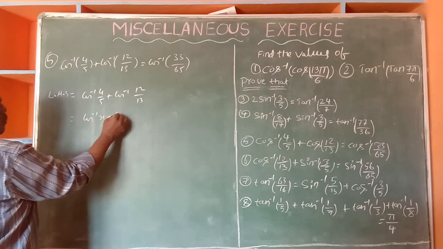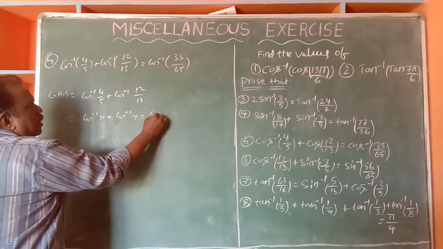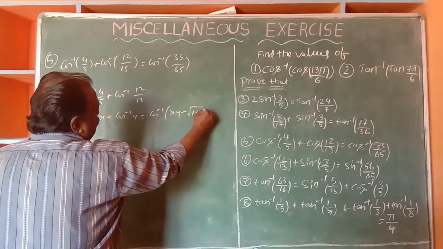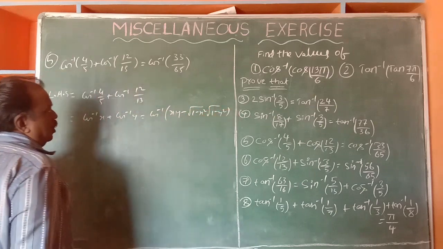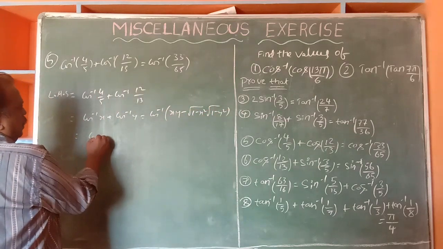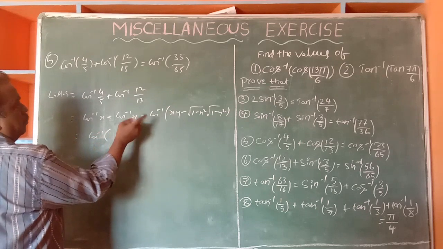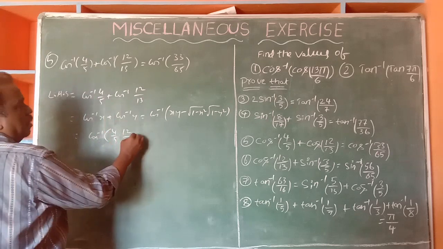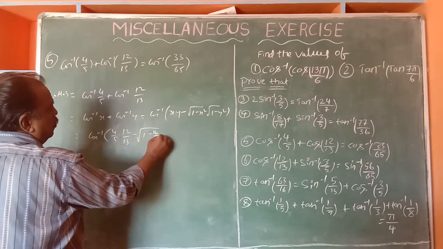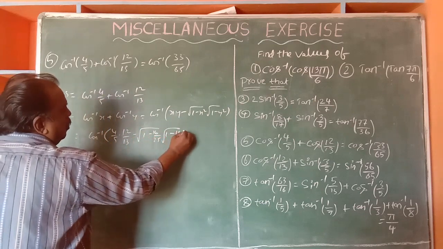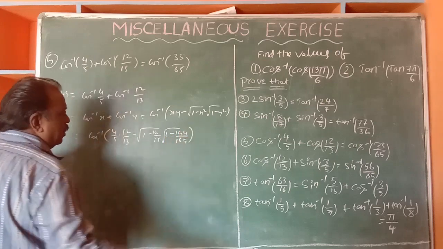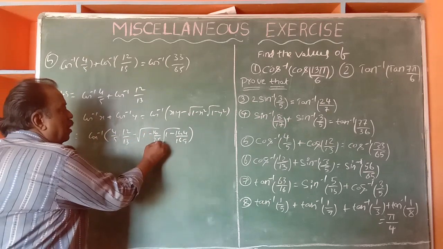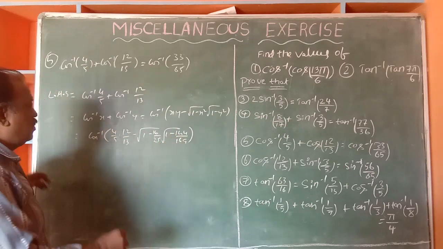Cos inverse x plus cos inverse y is cos inverse of xy minus root 1 minus x square root 1 minus y square. So it is cos inverse of xy, that is 4 by 5 times 12 by 13, where this is x and this is y, minus root 1 minus 16 by 25, root 1 minus 144 by 169. X square, 4 by 5 squared, is 16 by 25, and 12 by 13 squared is 144 by 169.